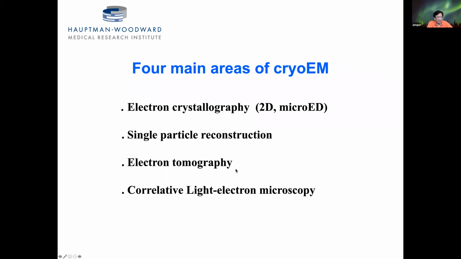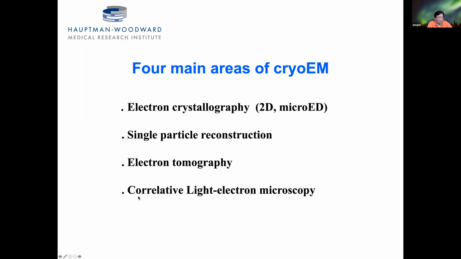The third direction is electron tomography, which is to build 3-dimensional structures of ultra-thin sections that are about 100 to 200 nanometers in thickness, mainly subcellular sections or thin cells, like a lot of the bacterial cells that are very thin and can be flash frozen without damaging the structural information.